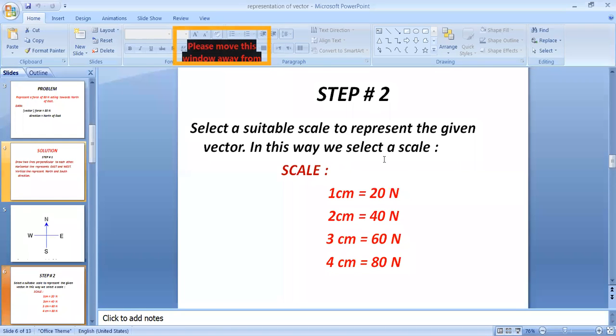In this way, we select a scale: 1 centimeter equal to 20 Newton. It is up to you how many centimeters you are taking to how many newtons. For example, for my convenience, I am taking 1 centimeter equal to 20 Newton.